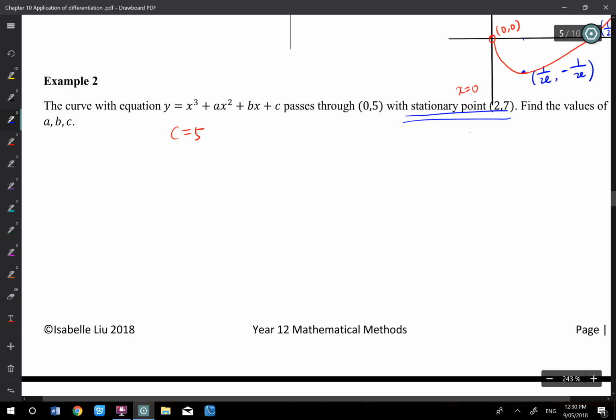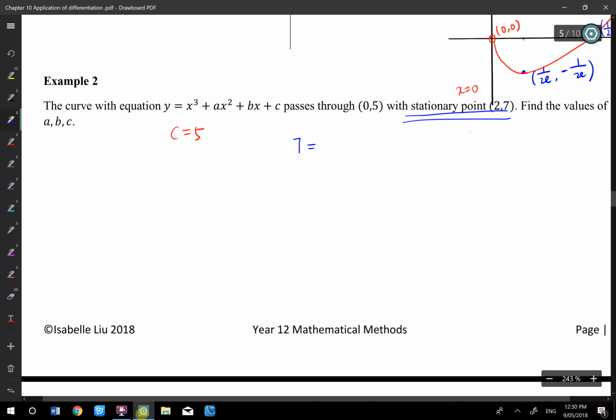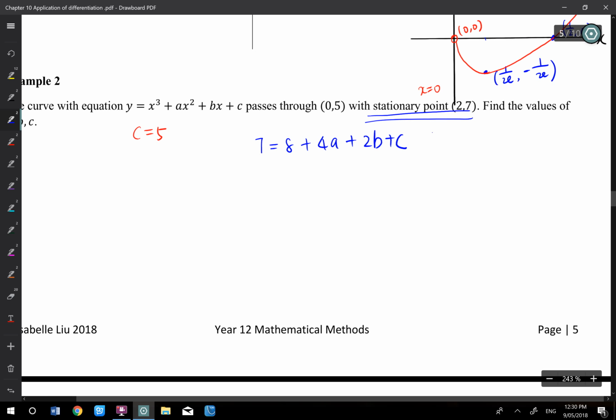First, substitute the point into the equation: 7 equals 8 plus 4a plus 2b plus c. That gives you 4a plus 2b equals minus 6, so 2a plus b equals minus 3.